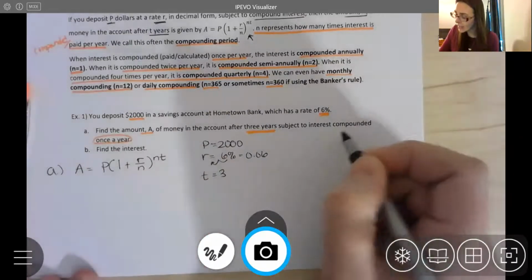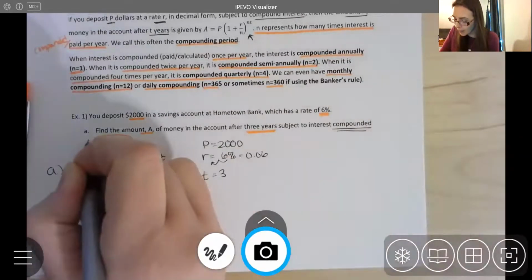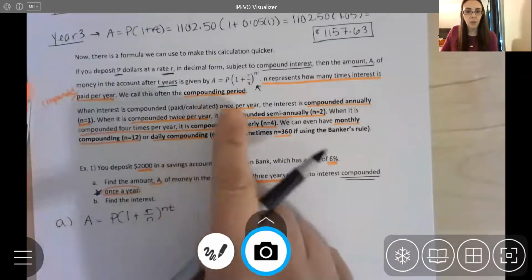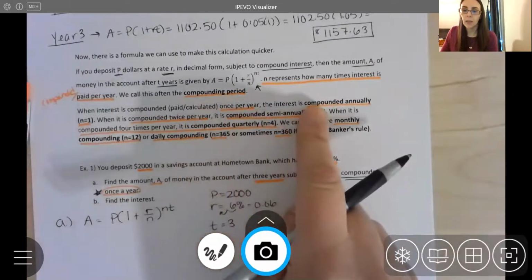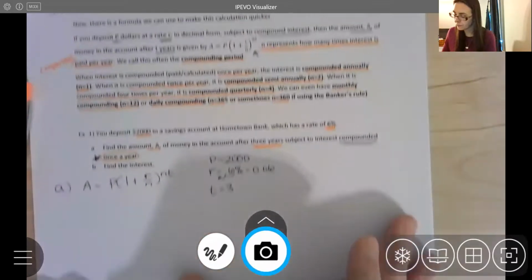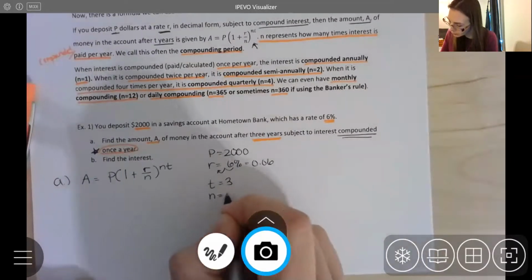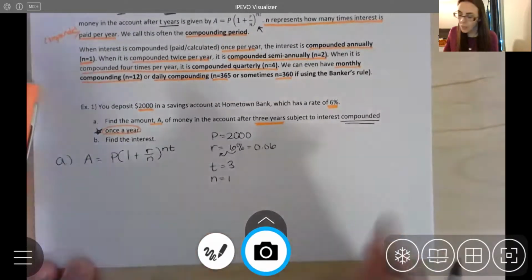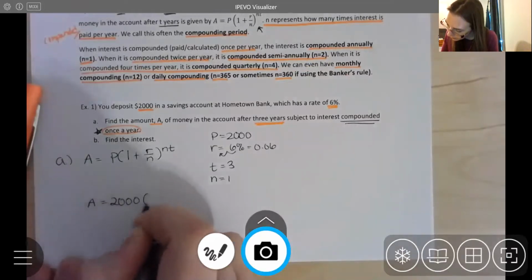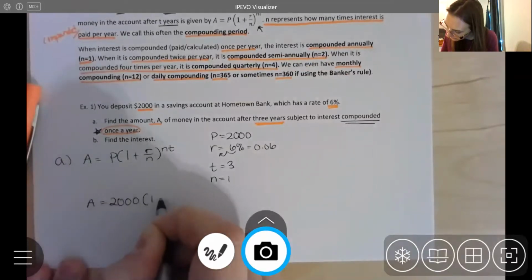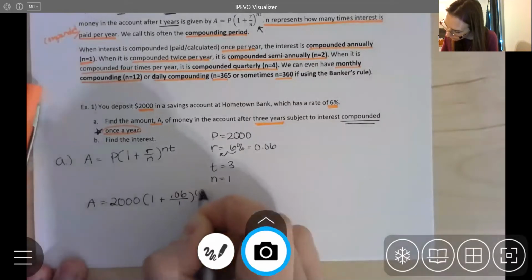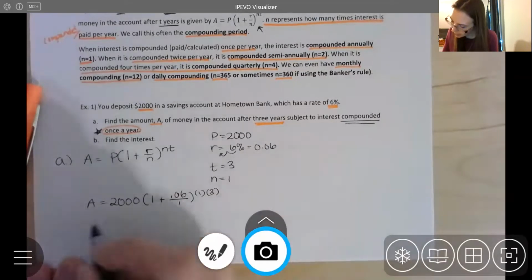Now the different thing is the compounding. It's compounded once a year. So if it's compounded once per year, this is called compounding annually. Your N value is 1. So I have my formula, and I'm just plugging in all my values.